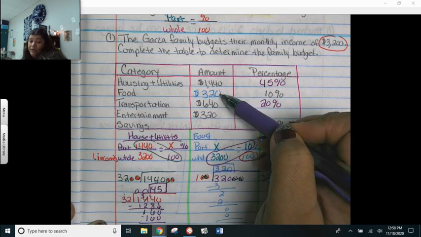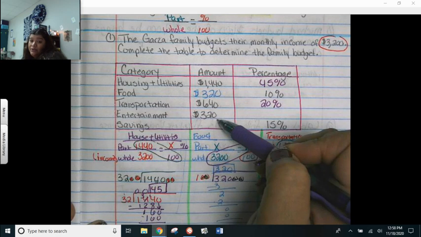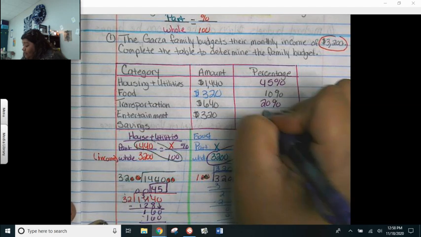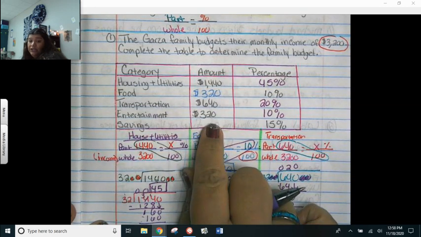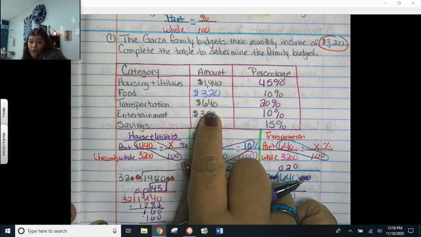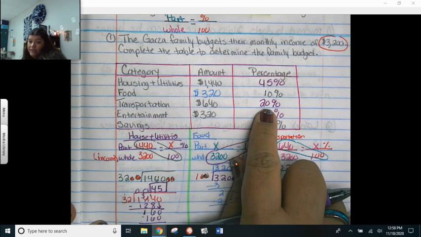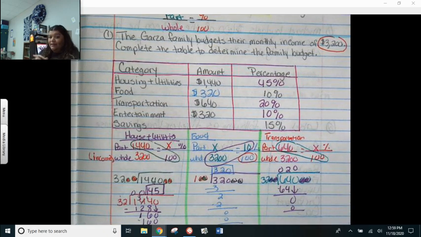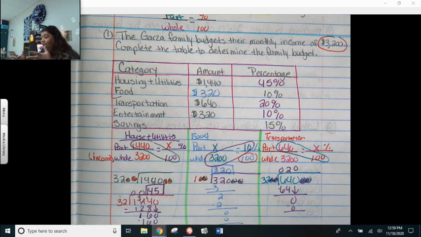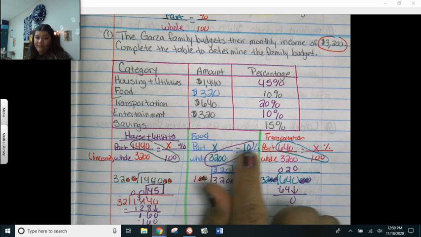So if this 320 was 10%, then this 320 has to be 10%. And you could have also seen, look, 320 is half of 640. Well, what's half of 20%? 10%, okay? So you can use what they have there. Work smarter, all right? So I saw that, yay, I don't have to do the work, okay?